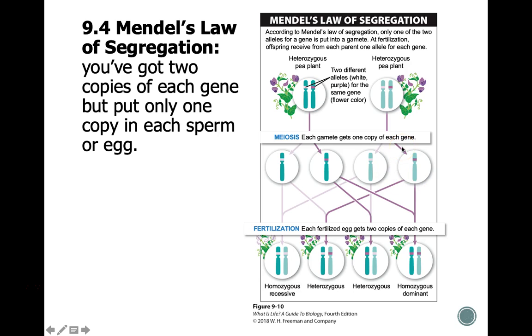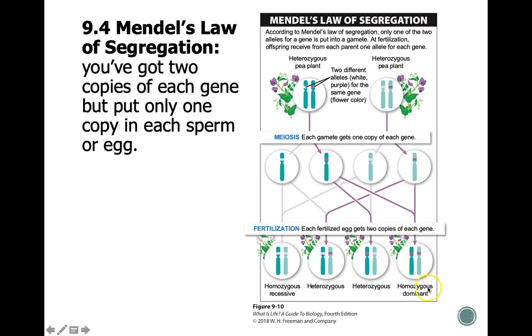So the law of segregation says that each sperm or egg is only getting 1 copy, and it can be either copy. So then when we fertilize that egg, we get back our diploid situation, and we can see now the combinations that we can get. We can get homozygous white or homozygous recessive if the 2 white alleles come together in fertilization.